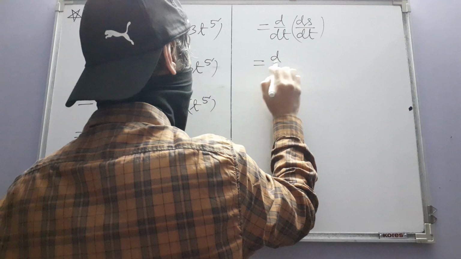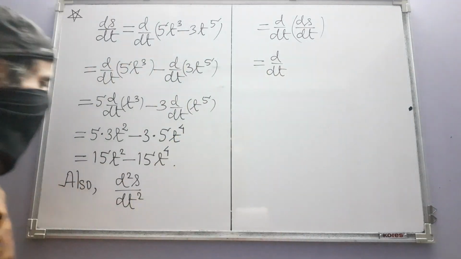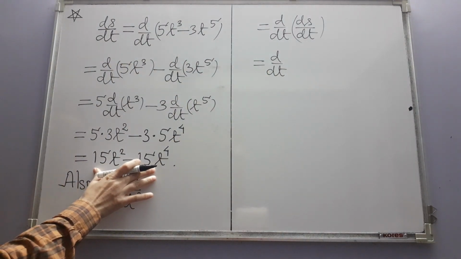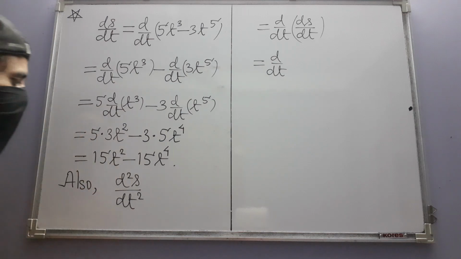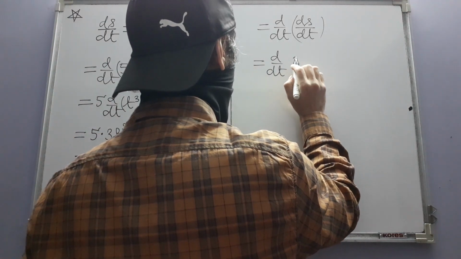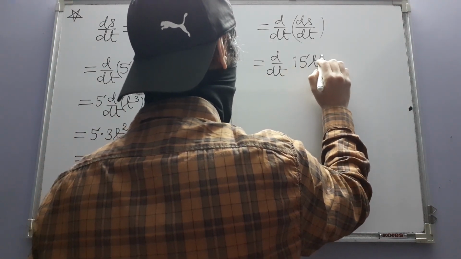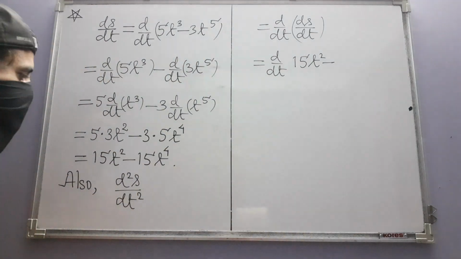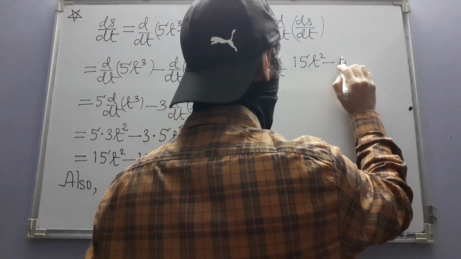Okay, so you use this expression for the first derivative, 15t square minus 15t to the power 4.